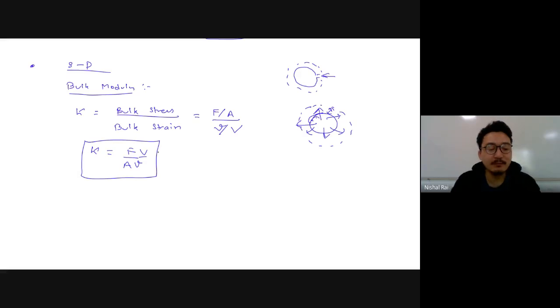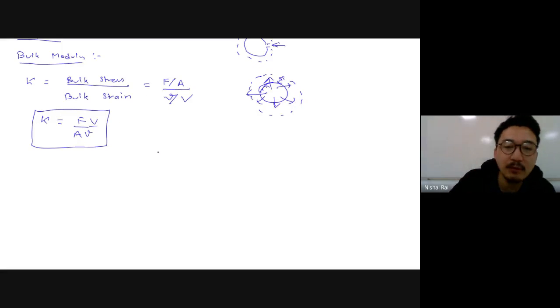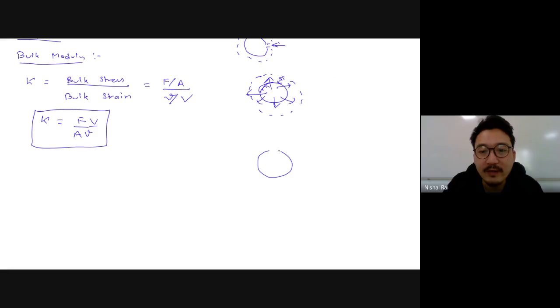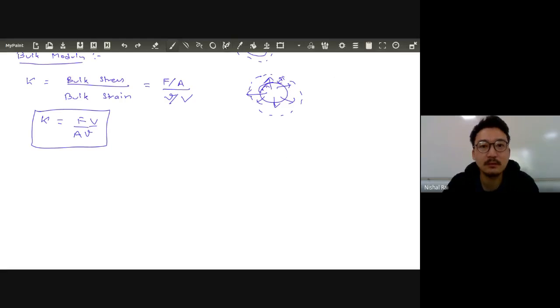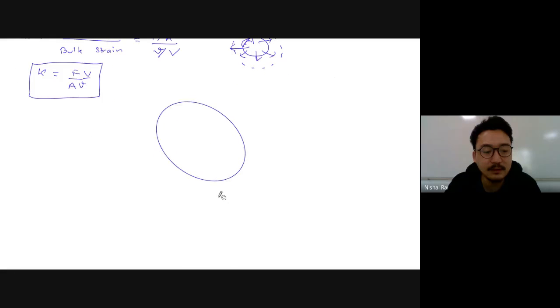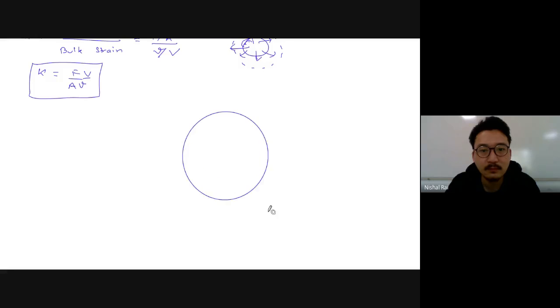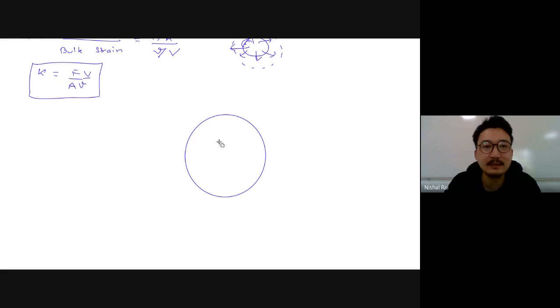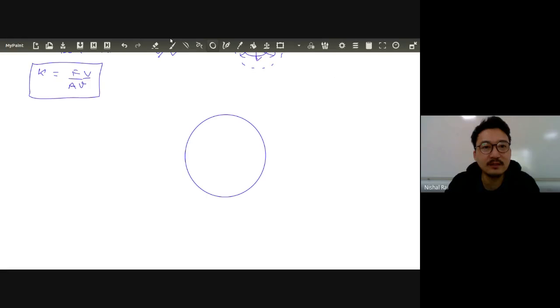Now let's consider one example. Let's say your balloon initially was of what radius? Initially the balloon was of this size. Let's consider the radius of this balloon to be what?